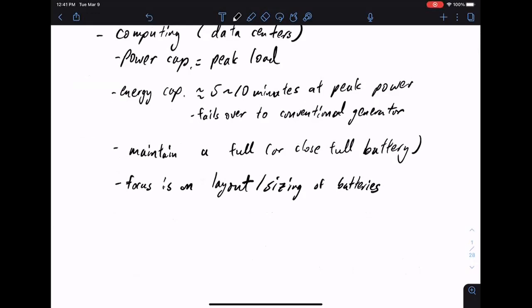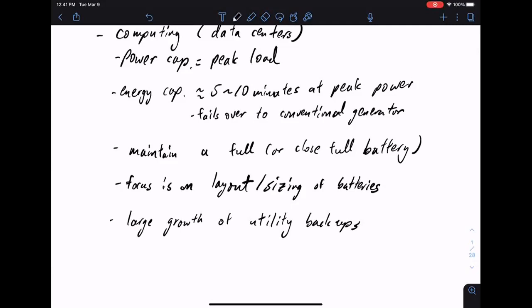So this is similar to, I guess not a new application, but an application we're seeing a lot more of as we see a large growth of utility backups. So if you're a utility, you're also starting to use battery as a backup.